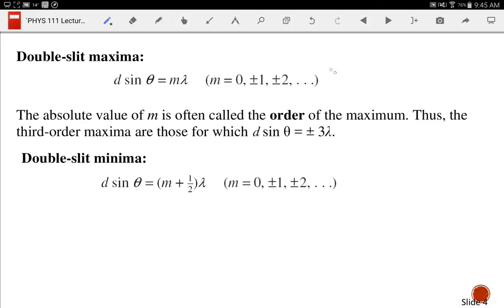And so here is putting together the equations that we already derived for constructive and destructive interference. What causes this to be constructive?